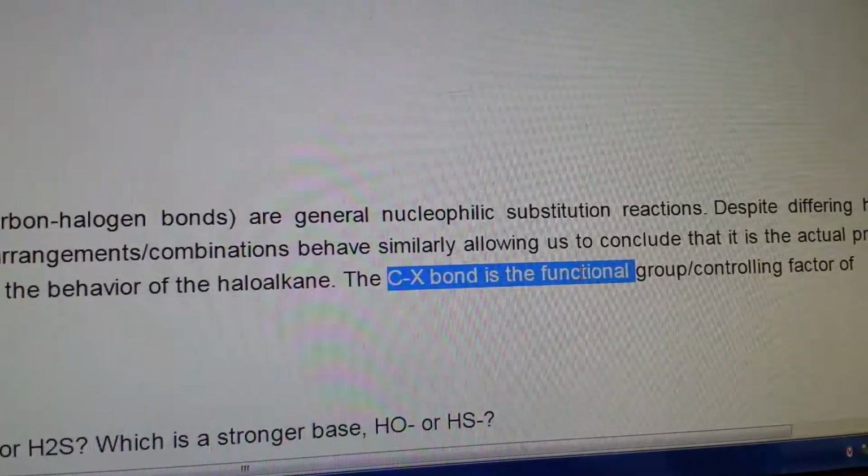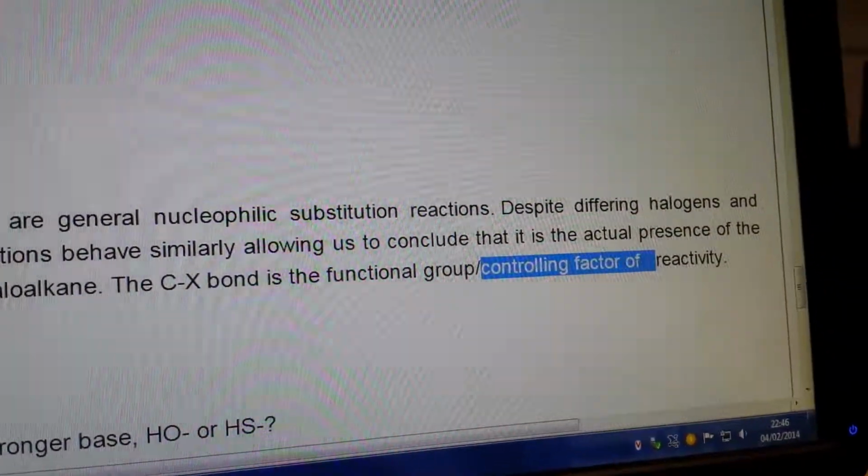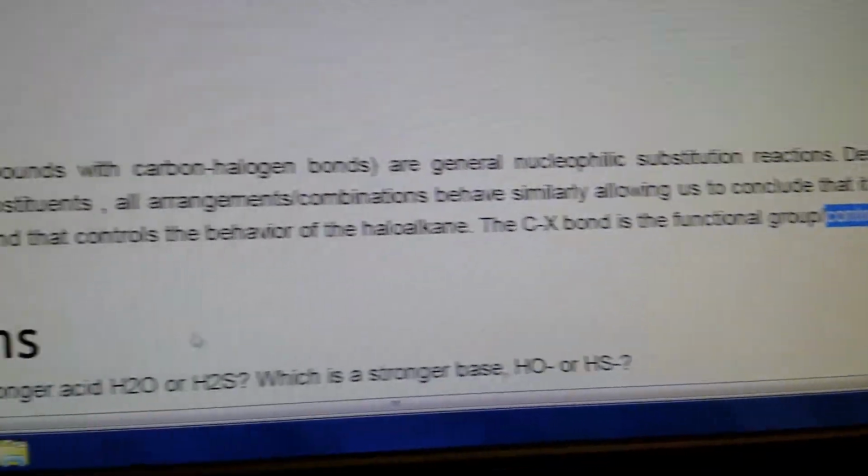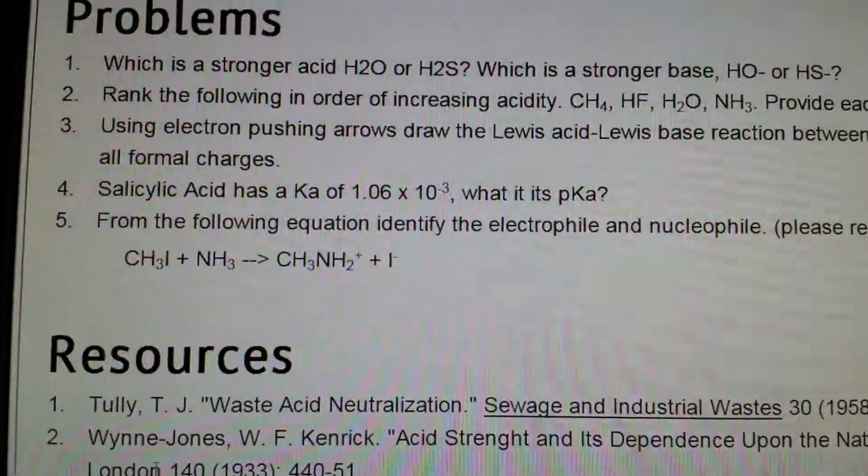The C-X bond is a functional group, the controlling factor of reactivity.